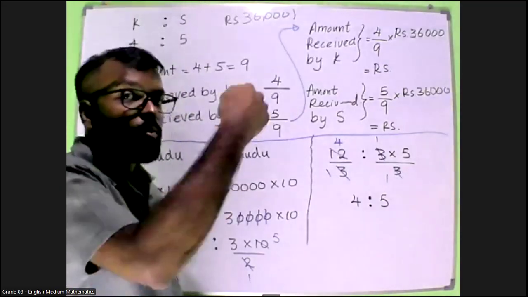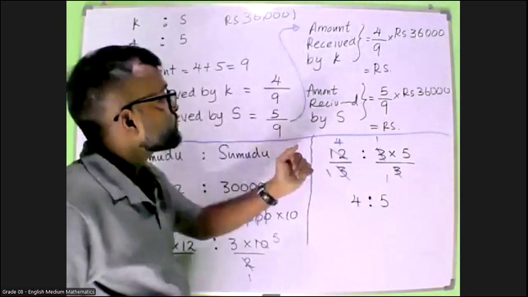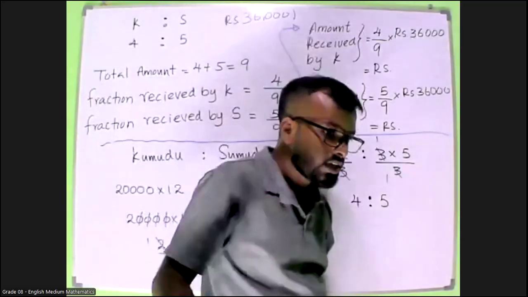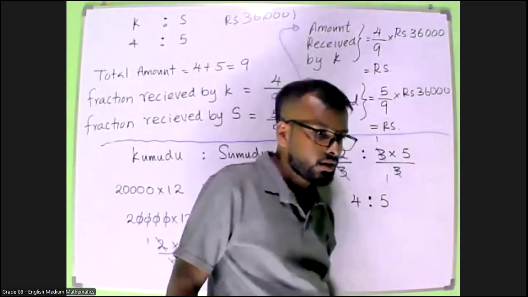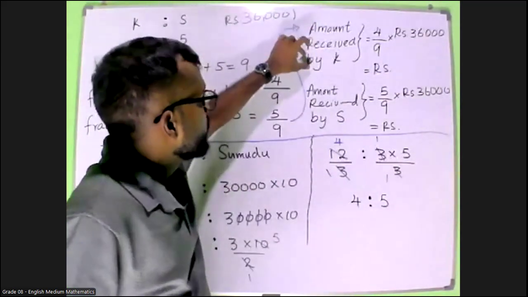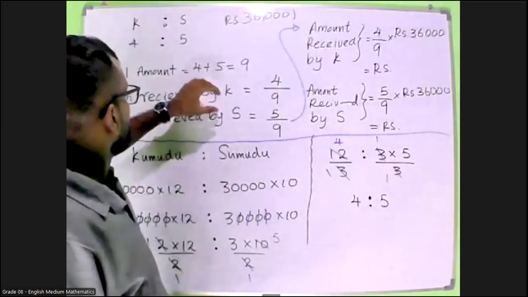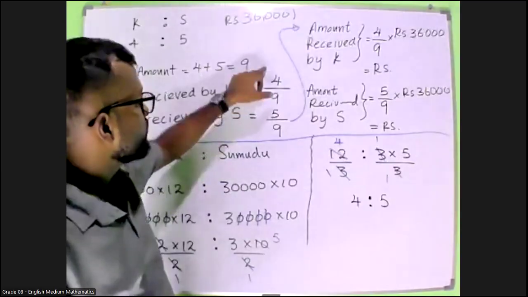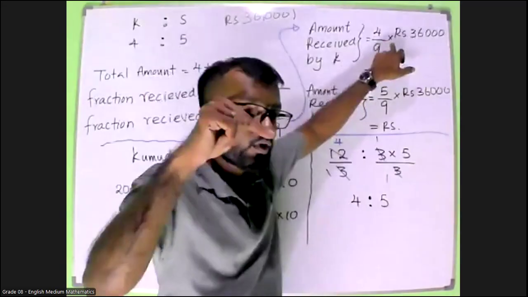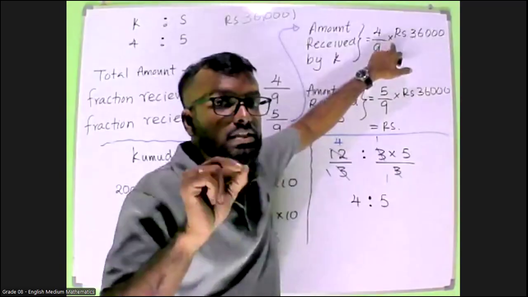Now we can move to find the amount received by Kumudu and the amount received by Sumudu. Others can simplify and tell me the answer. So how to find the amount received by Kumudu? The fraction of Kumudu is 4/9. It should be multiplied by the profit that we have. In the question they are saying 36,000 rupees is the profit.